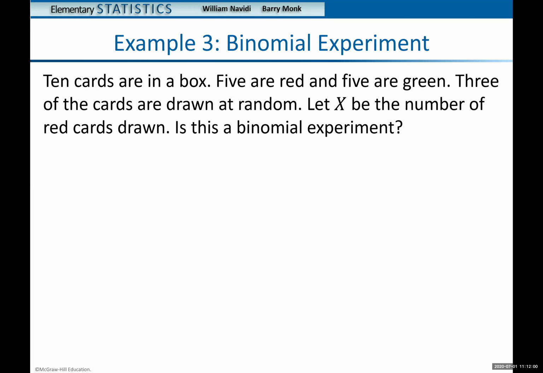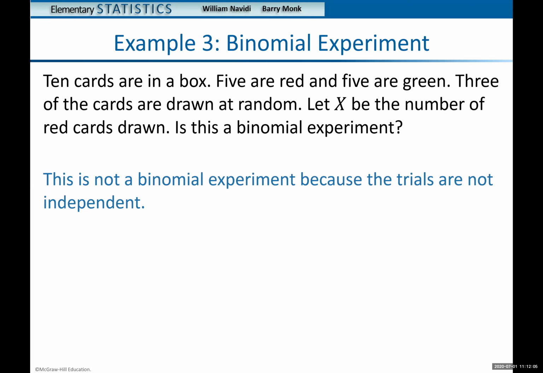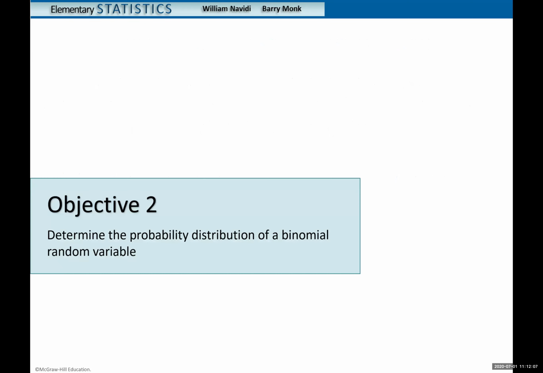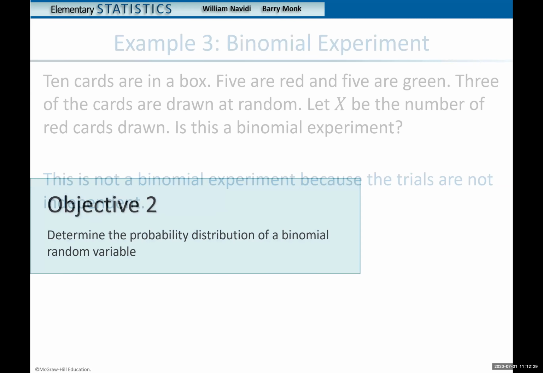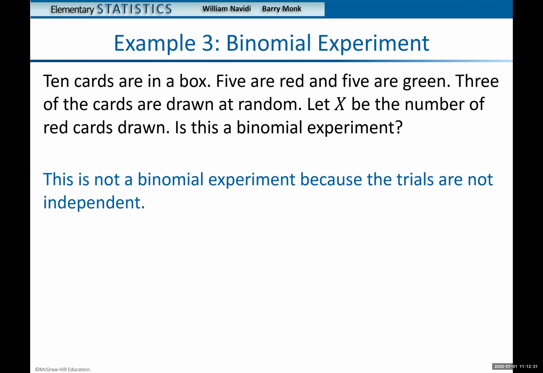Let's say you pick red the first time, then the next one is not going to be the same: 5 out of 10, and then the next one is going to be 4 out of 9. That's why this is not a binomial experiment. The trials are not independent.